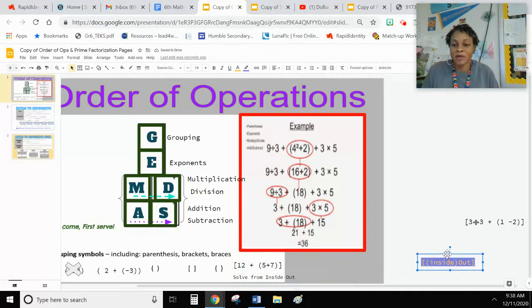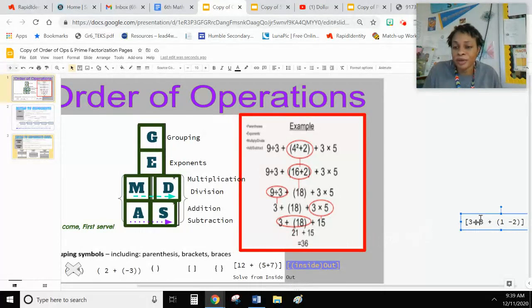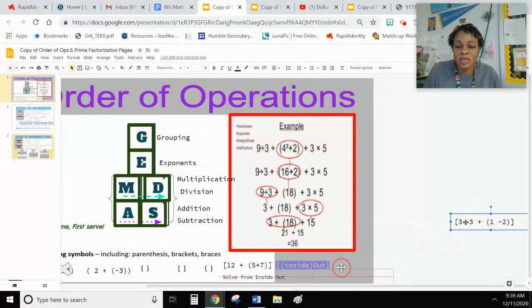Solve from the inside out. And here's another little way to remember, inside out, inside out. Okay, so I would combine 5 and 7 to get 12, and then I would add that 12 to the other 12. Do the inside bracket or grouping symbol, and then go out. Here's another look at this, another way we could see it.